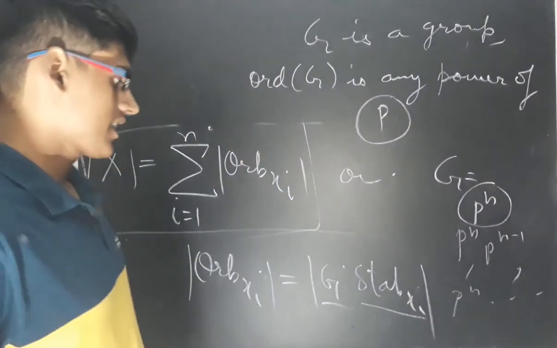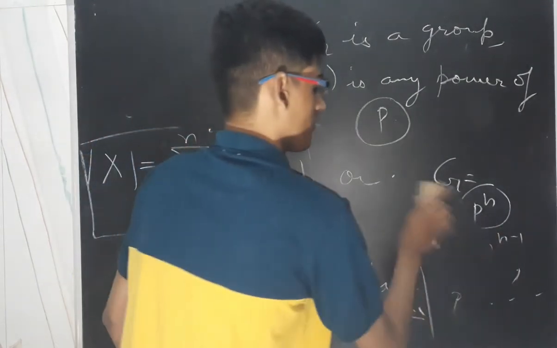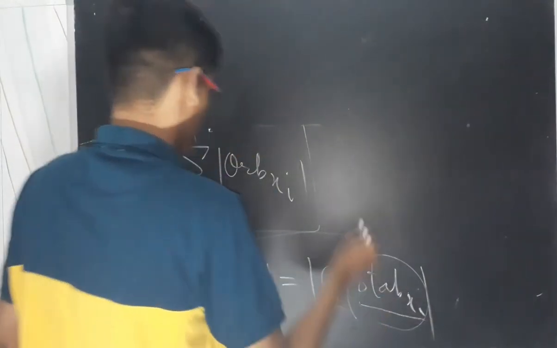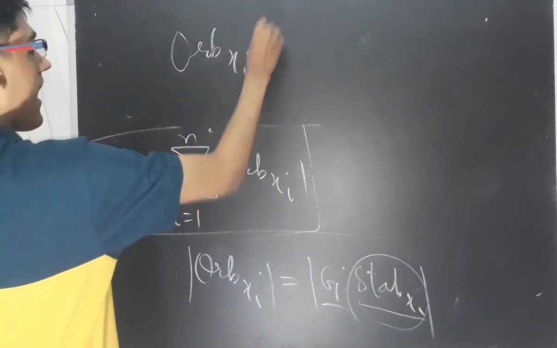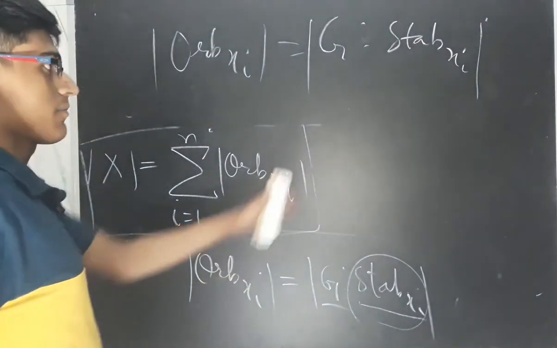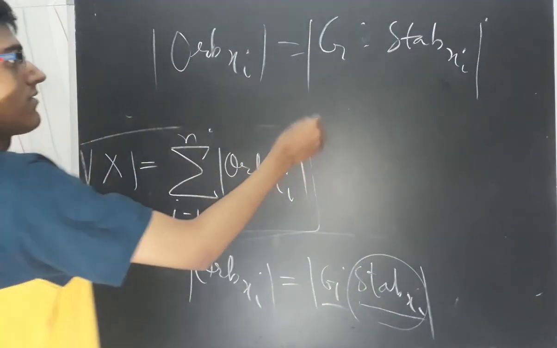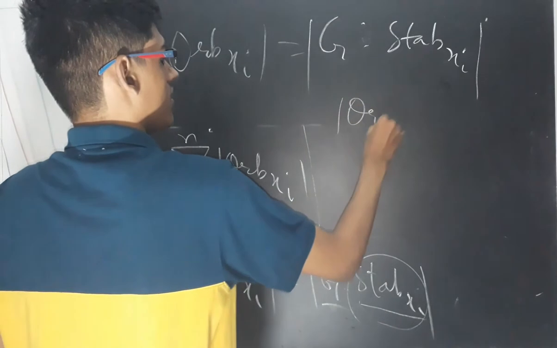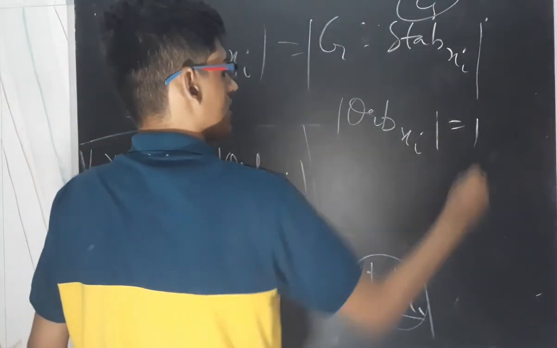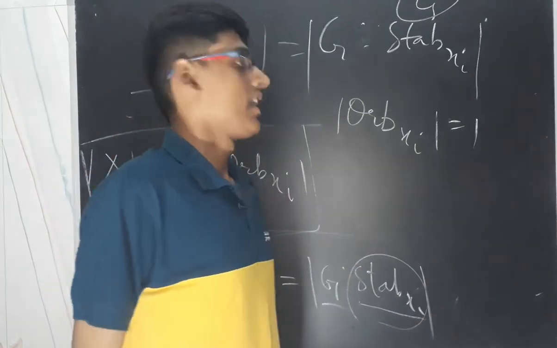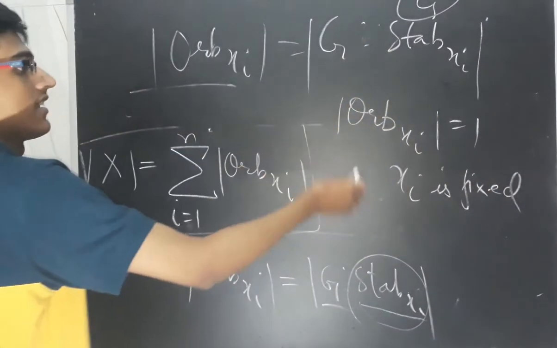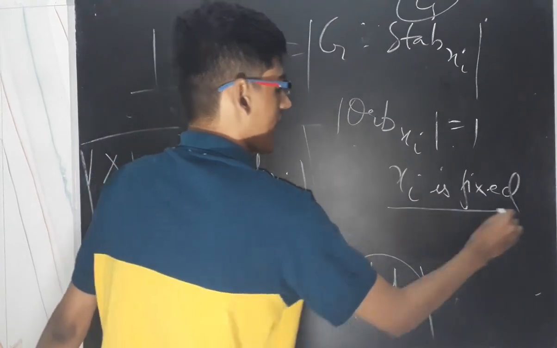But in one case, when the stabilizer is the whole group, the length of the orbit will be equal to 1, by Lagrange's theorem. Substituting G, the order of the orbit of xi is equal to 1, which means xi is a fixed point.